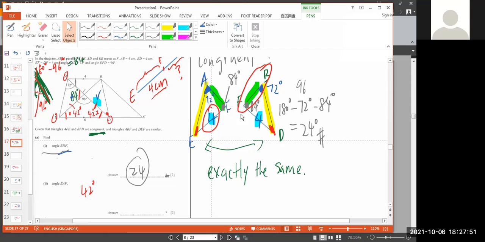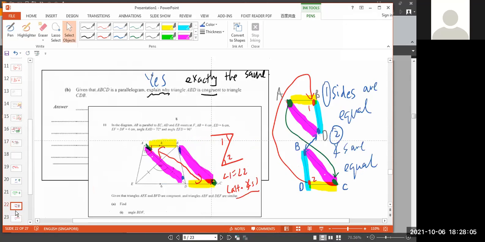Then for the sides, green match with green, yellow match with yellow, and of course this four match with four. So all sides are equal, all angles are equal. That is called congruent, exactly the same. So now we can prove that all the sides are equal, all the angles are also equal. So are they congruent? The answer is yes.